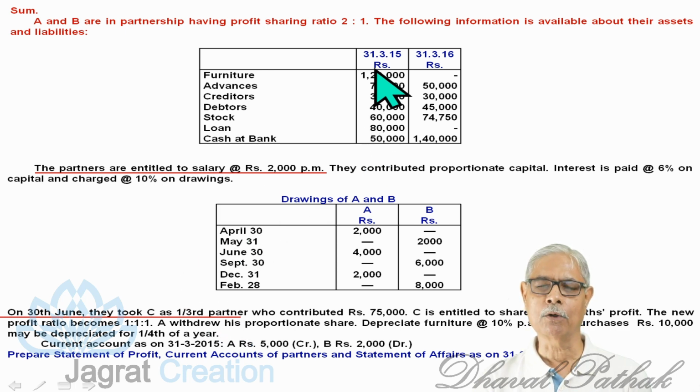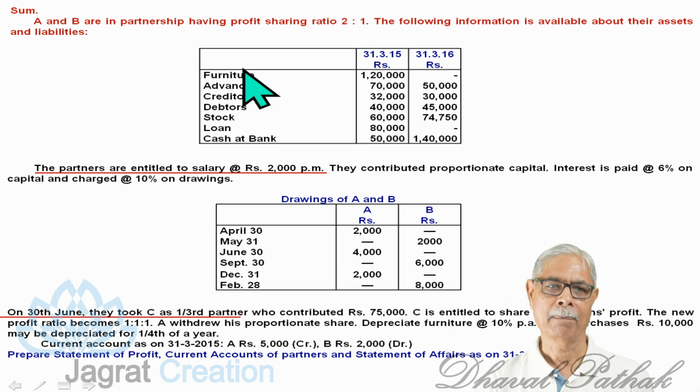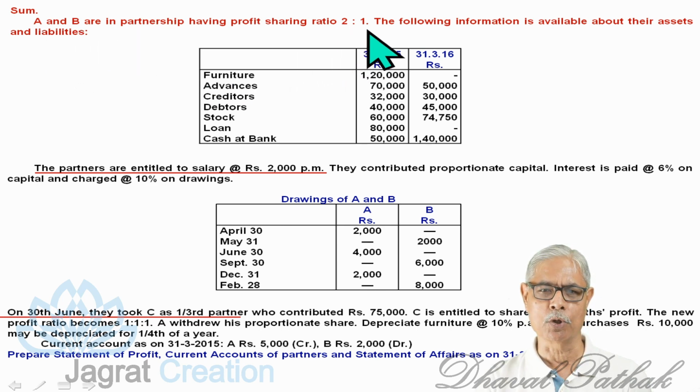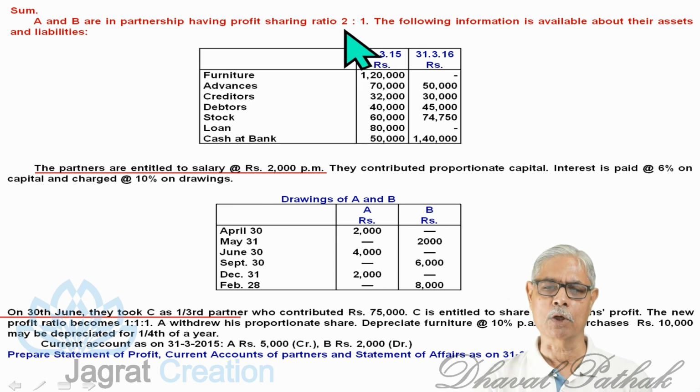So on 31/3/2015, A and B were the partners sharing profits and losses in the ratio of 2:1. So share of A was 2/3, share of B was 1/3.